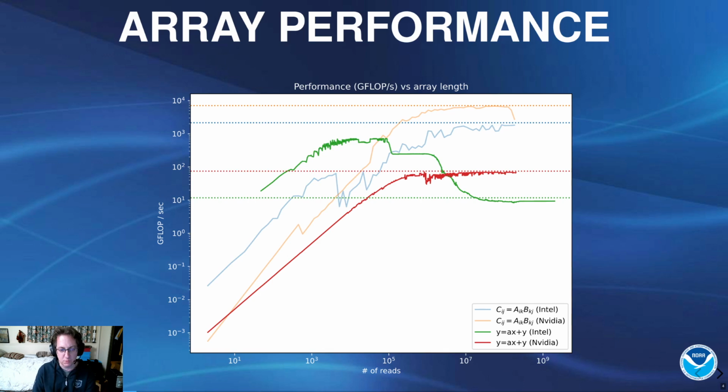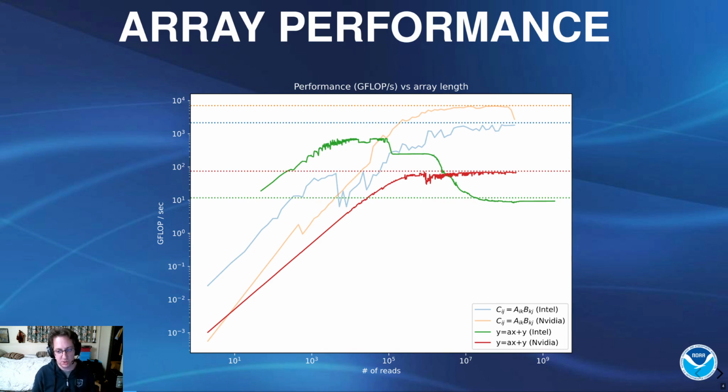The green indicates the Intel and the red is the NVIDIA. And we see that neither reaches the peak, and instead what we have is a pretty interesting structure to the Intel, where these smaller arrays tend to perform not at the peak, but nonetheless quite well, whereas once the arrays get large, their performance drops.